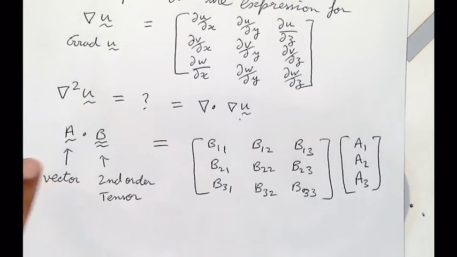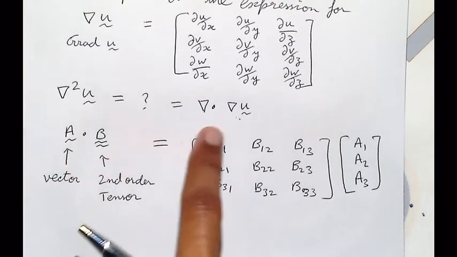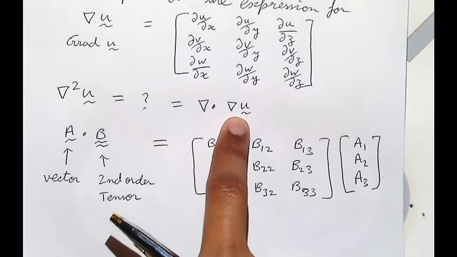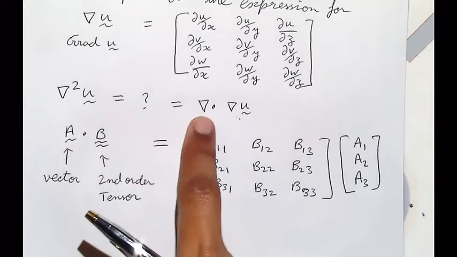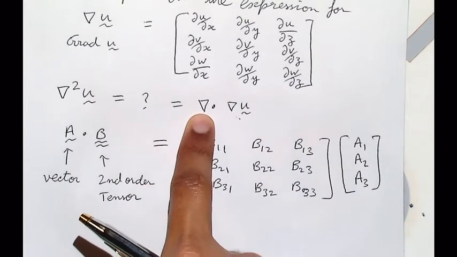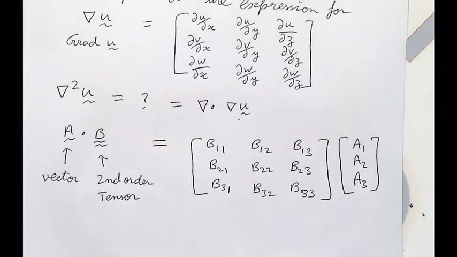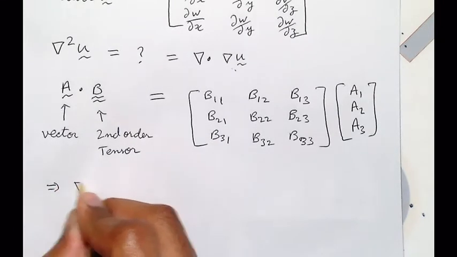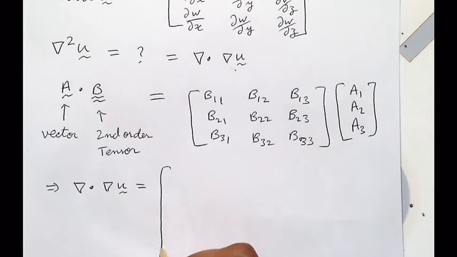All right, so let's see. I said A dot B can be written as that. Let's see what looks familiar. B is a matrix, nabla u is a matrix, which we wrote up here. A is a vector. We said that this nabla term can be written as a vector. Fine, let's do that. Nabla dot nabla u is, all right.